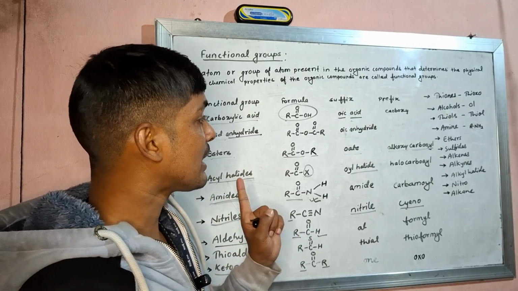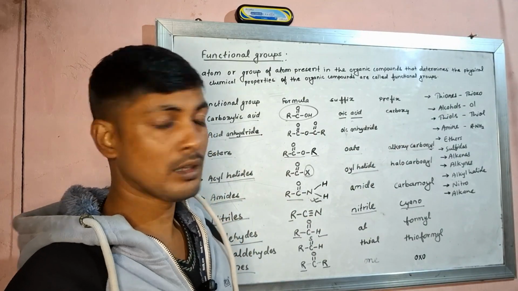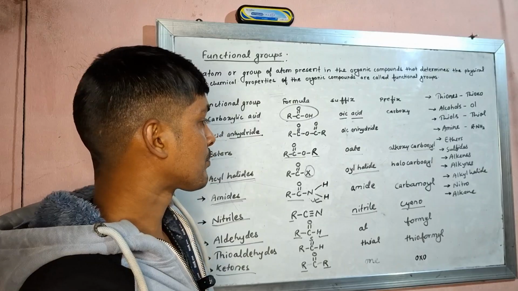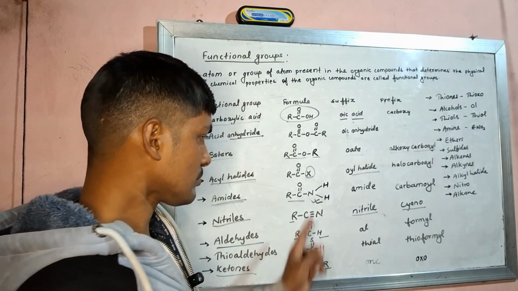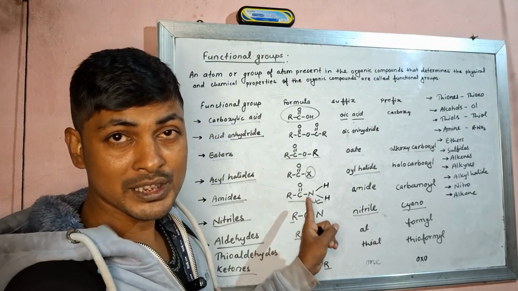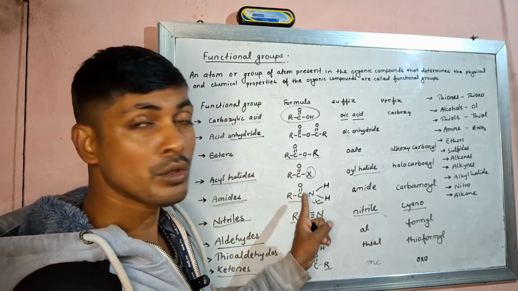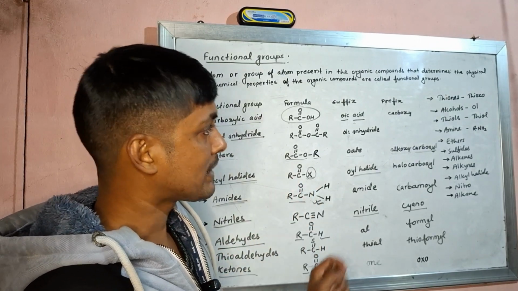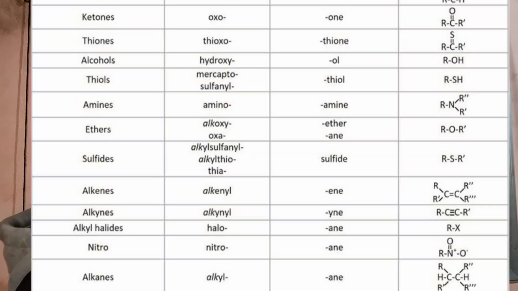Next one is amine. See the difference between the amide and amine. In case of amide, the NH2 group is connected to the carbon, which is connected to oxygen by a double bond. But in case of amine, the NH2 group is connected to the alkyl radical.